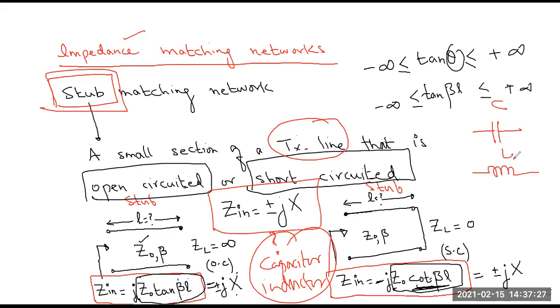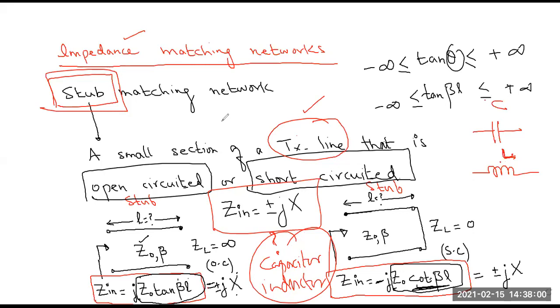So these are actual capacitors and inductors that you can buy from any electronic shop. But these are the capacitors and inductors used in normal circumstances at low frequencies. But now we know that even a transmission line, we can use it as a capacitor or inductor based on this whole discussion. And this is what we are going to be using in a stub matching network.